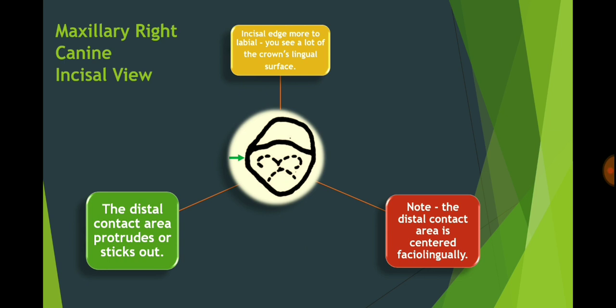So the incisor edge of the maxillary canine, when you look at it in the incisor view, you see more of the labial surface.